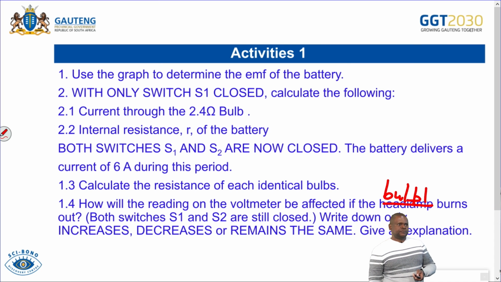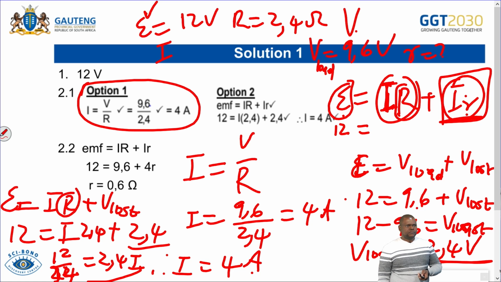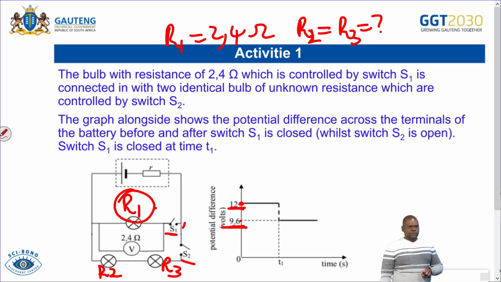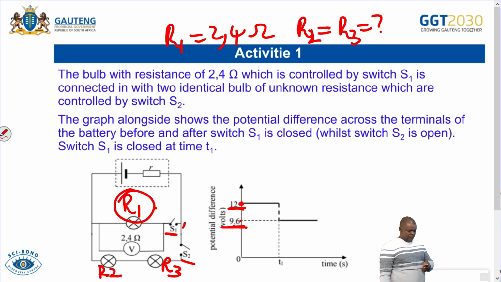Oh, here. Number 3, they said calculate the resistance of each identical bulb. Calculate the resistance of each identical bulb.